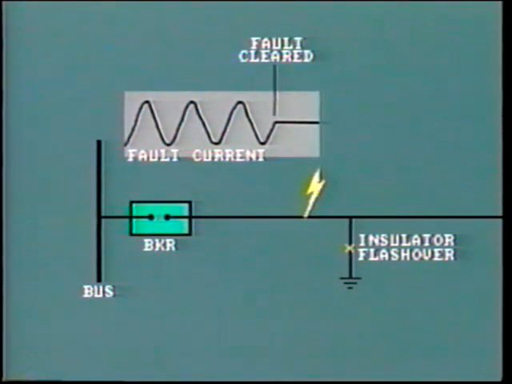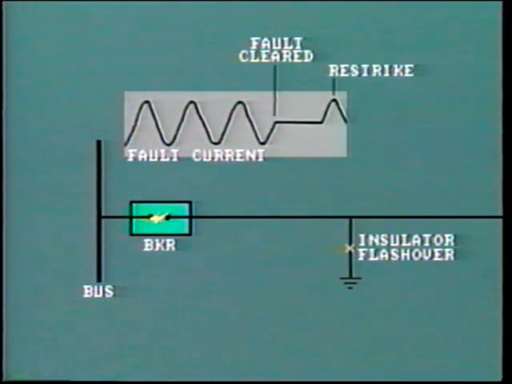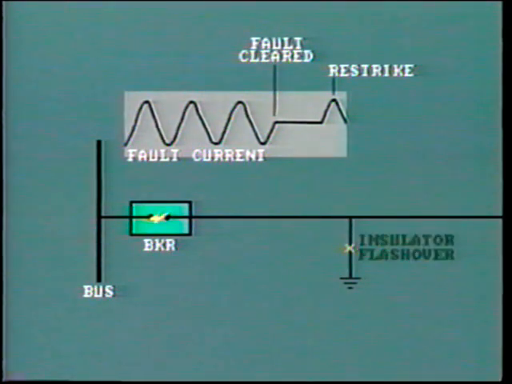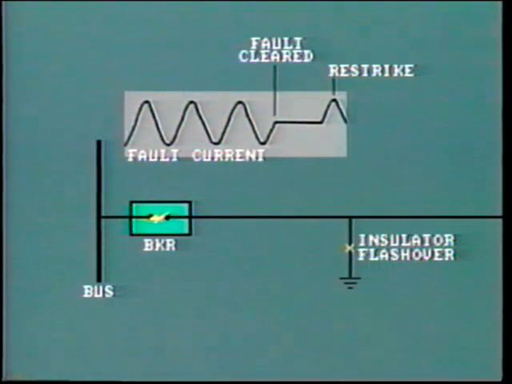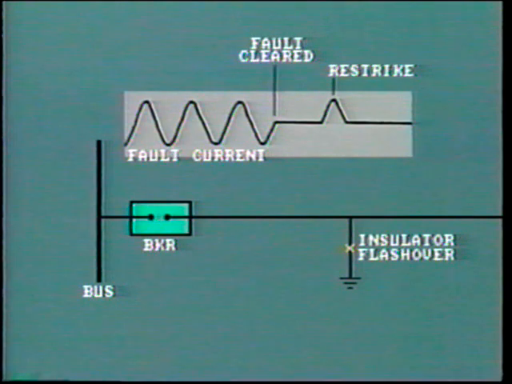The resulting surge in voltage causes the open breaker contacts to restrike. But in only a few cycles, the ionized gases from the original fault have not had enough time to dissipate. So the original fault reestablishes itself. Usually, the fault current will go out at the next current zero after a half cycle.